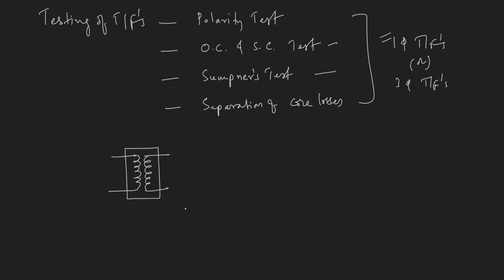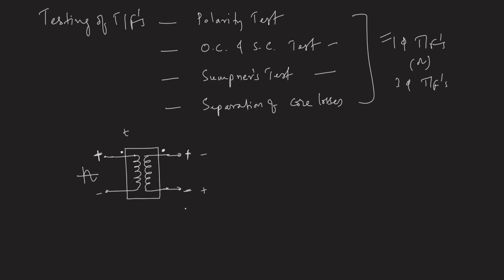Unless they denote it by dot convention, it cannot be identified whether, if an AC voltage is applied like this and at a given instant this is in the positive cycle, this terminal is positive and that negative, or the other way around. So I keep a notation like this: if a positive voltage cycle is applied here, I will get a positive voltage cycle on the secondary side like this, if the dot is placed like this, right?